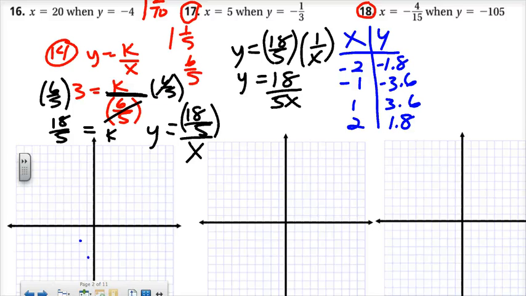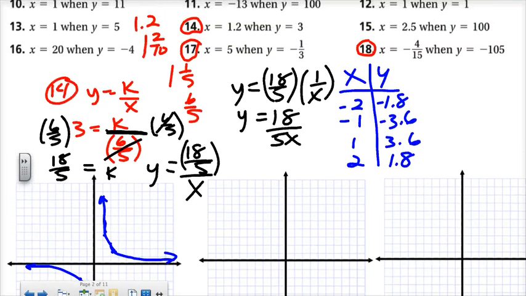And then for the other branch, 1, 3.6 and 2, 1.8 because of symmetry. And there are our two hyperbolic branches. So that was number 14. I chose that one because of the fractions within fractions positions that we see up there.